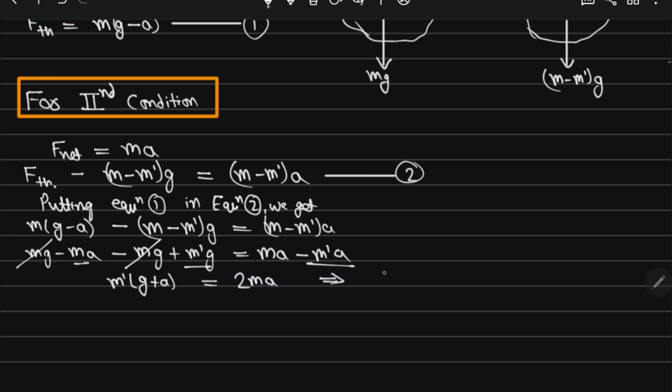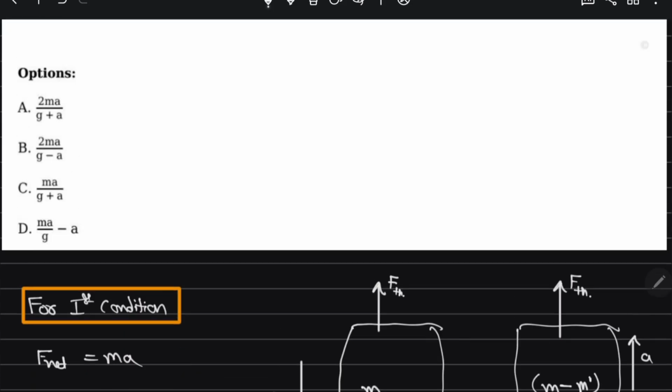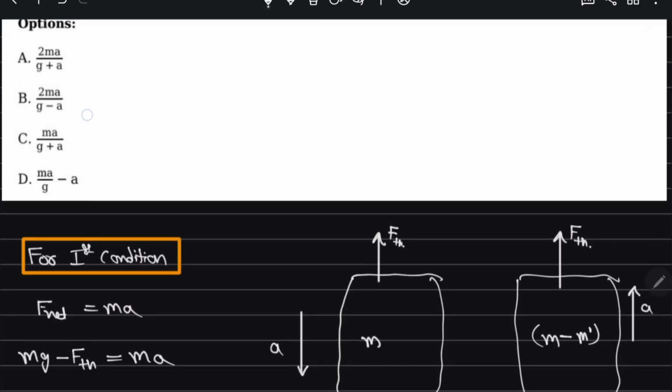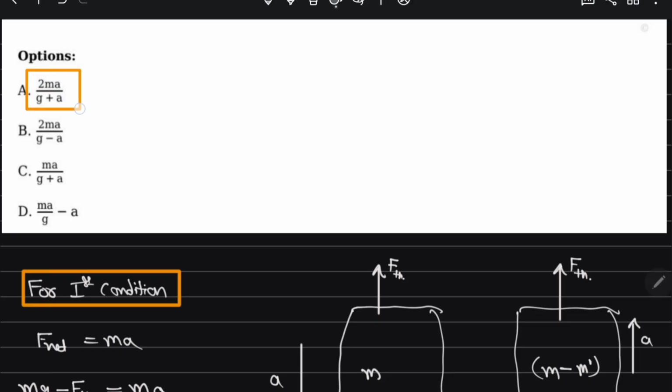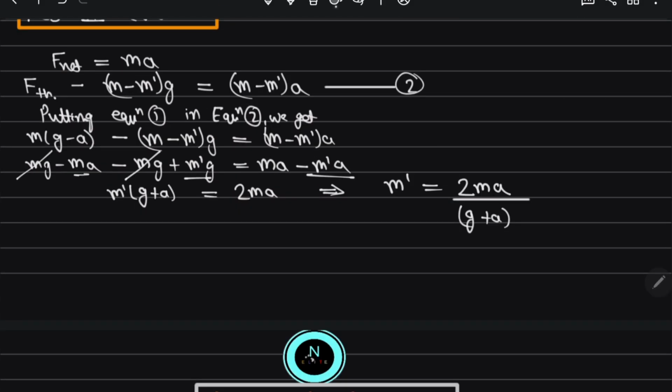So m dash is equal to 2ma upon g plus a. So option A is correct.